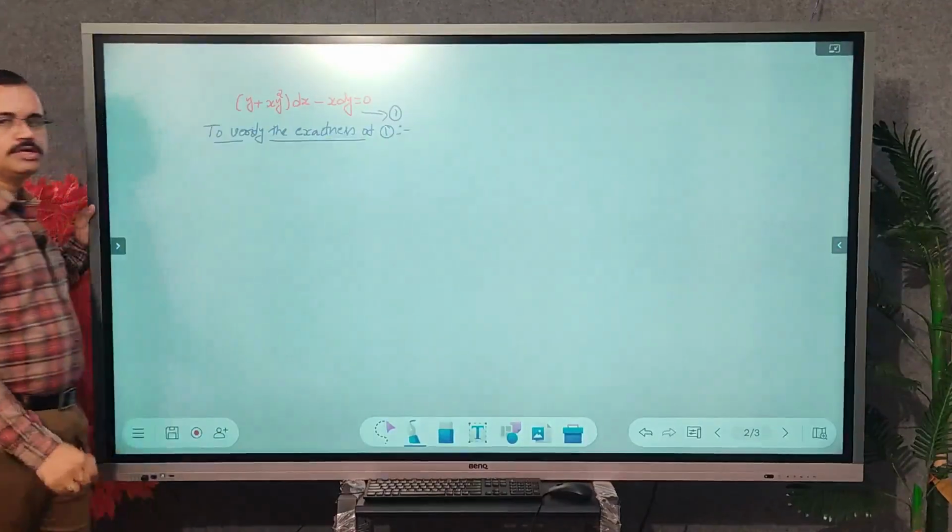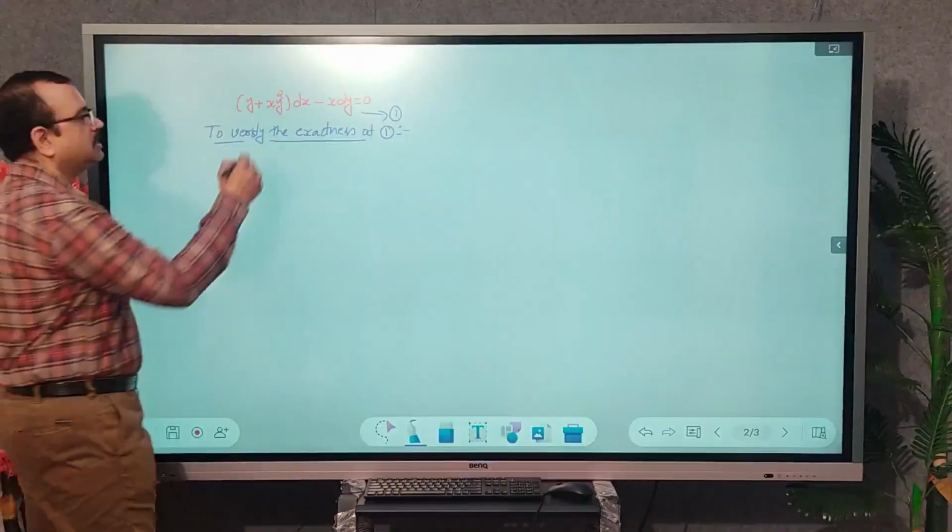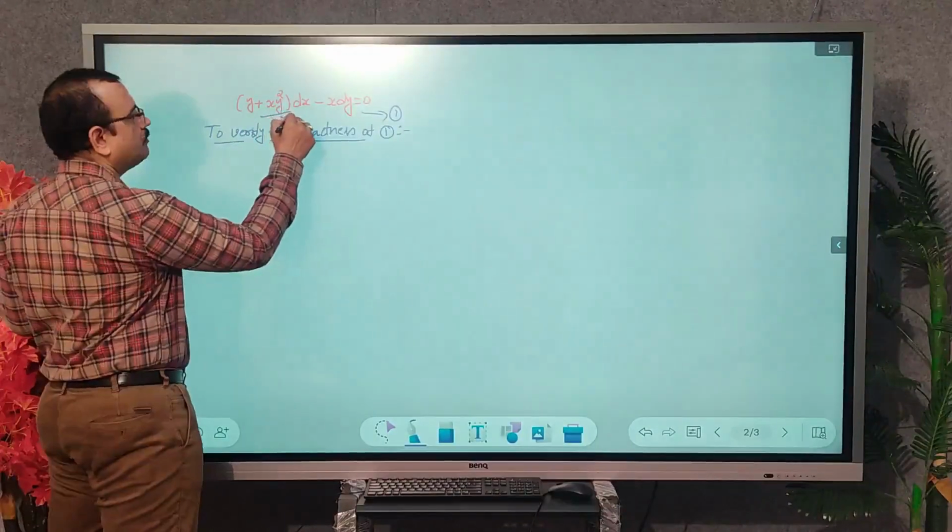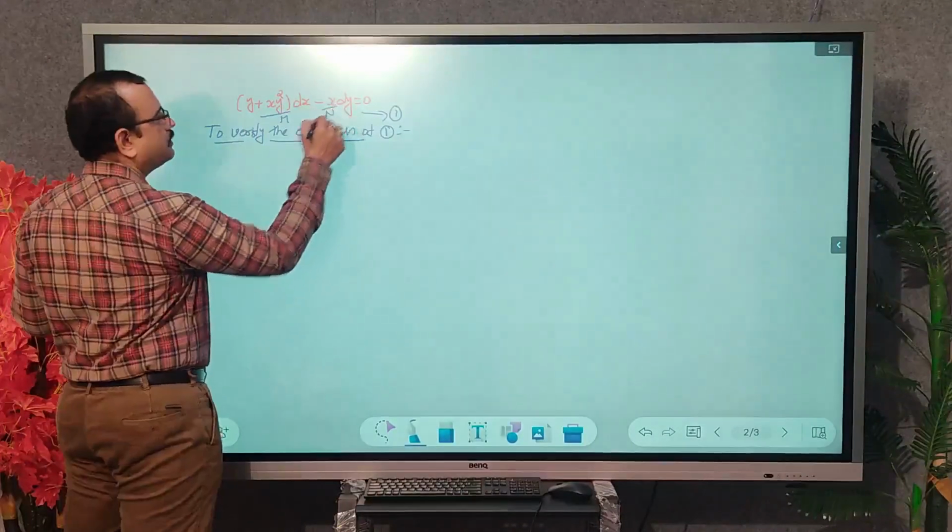Now clearly equation 1 is of the form m dx plus n dy is equal to 0. So this is m and this minus x is nothing but n.